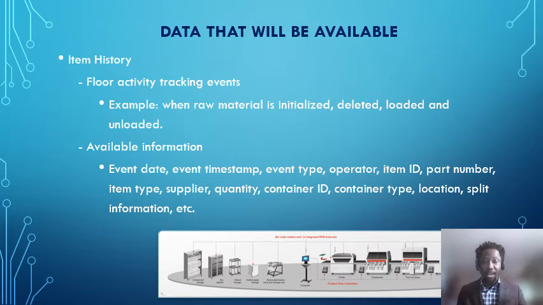Also, we are going to have available information of event date, event timestamp, event type, operator, item ID, part number, item type, supplier, quantity, container ID, container type, location, split information, name it. Every piece of information associated with this production is in the servers, which we can go back and pull. Those are the data that will be available for every production.